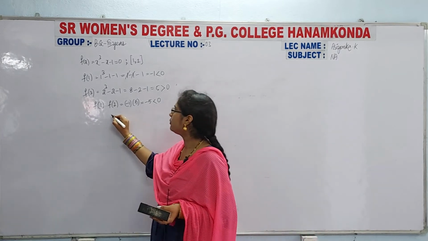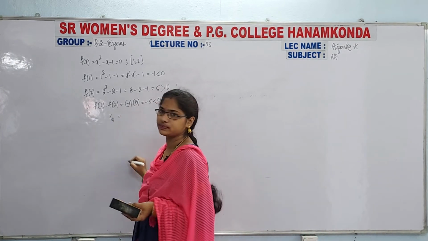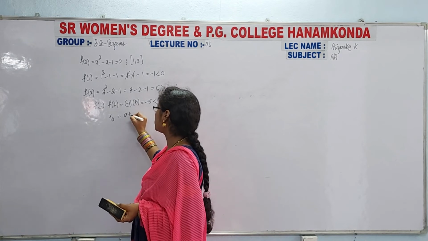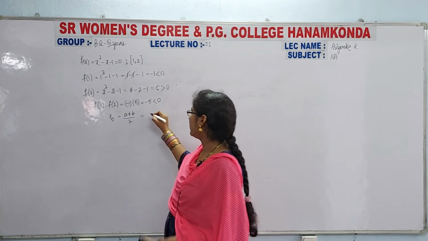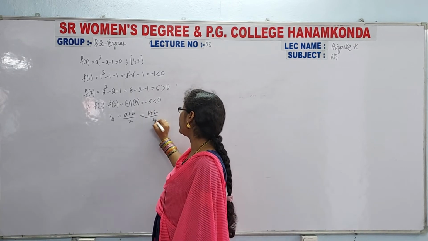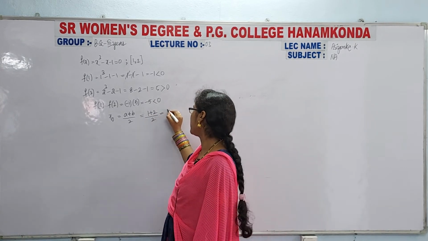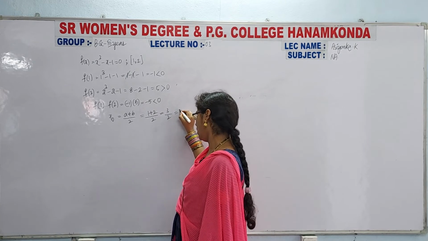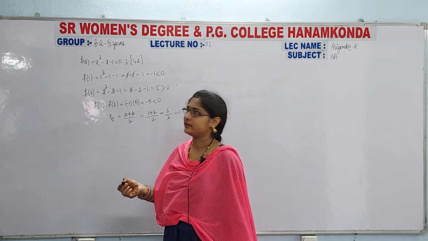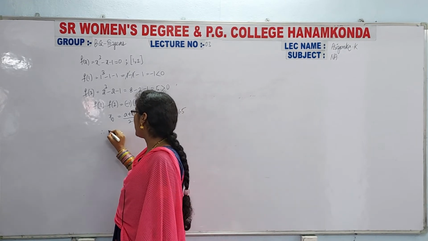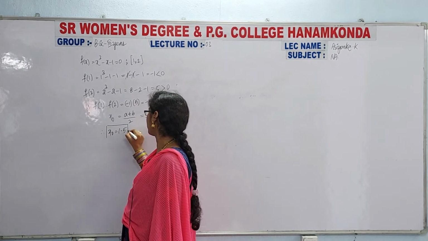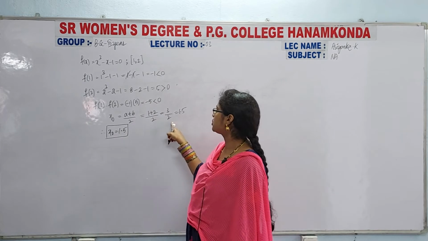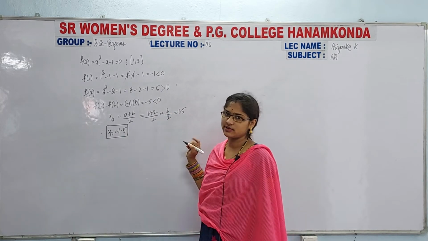Next we have to find x naught. x naught means a plus b by 2, which is 1 plus 2 by 2, that is 3 by 2, which is equal to 1.5. Therefore x naught is equal to 1.5.